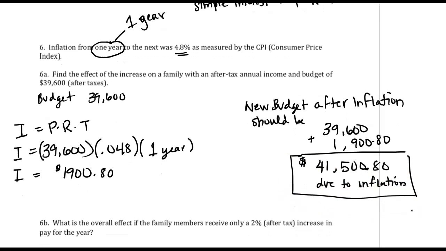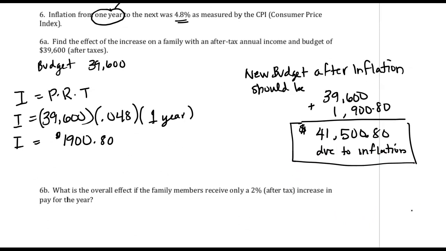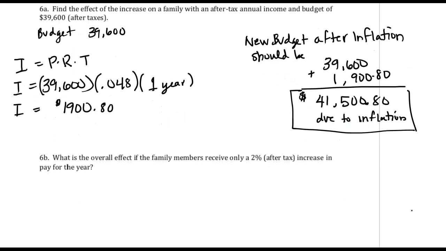Notice there's a second part to the question, okay? And the second part says, well, the family member didn't receive a 4.8% increase in their salary. They actually only received a 2% salary increase. So what is the overall effect? Well, the overall effect is the family's money's not keeping up with inflation, but we want to know how much that is. Okay? So let's do our simple interest again.